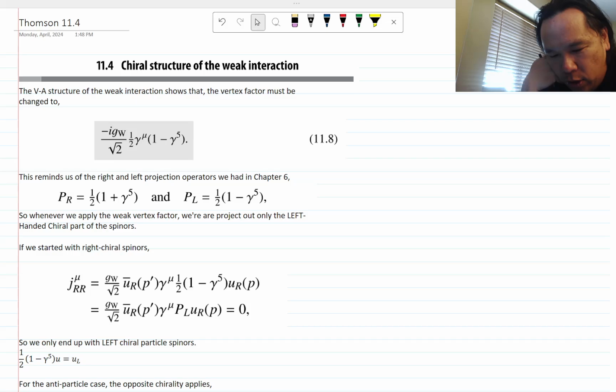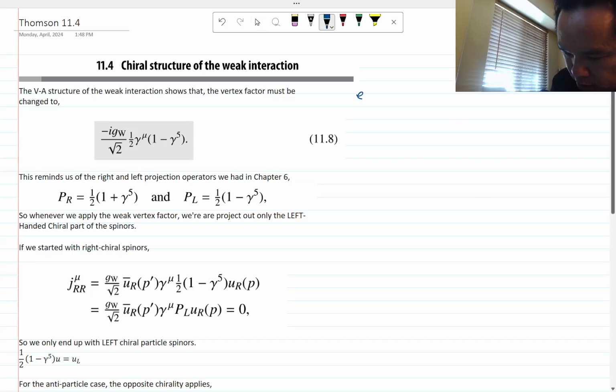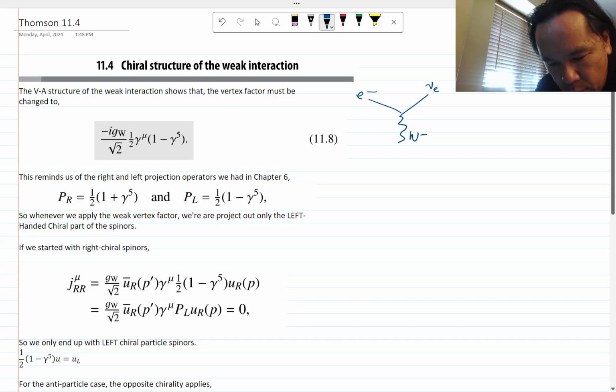The structure of the weak interaction shows us that the vertex factor, whenever we have, let's say, an electron coming in, and then a W boson instead, which will change this to an electron neutrino, has to be changed.